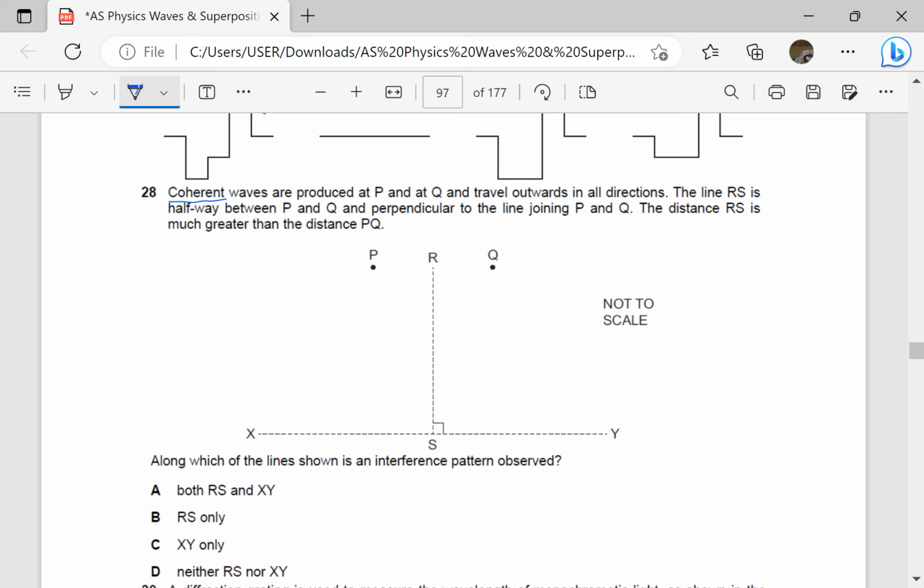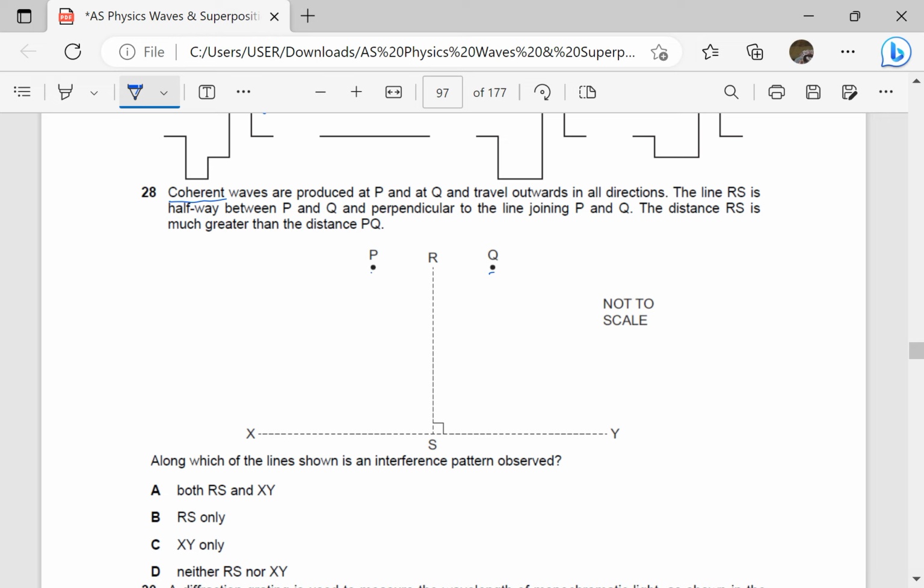So remember, at P and Q two coherent waves are produced, and these travel outwards in all directions. So in other words, think of a sound wave, which travels in all directions.